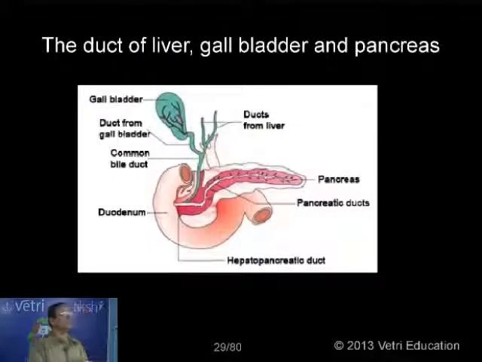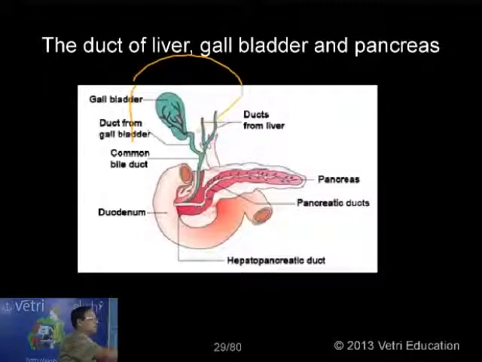Now this is a simple picture showing the different glands located in and around the stomach and duodenum. You have the liver somewhere here. It is formed of right and left lobes, unlike the rabbit, where it is formed of four lobes.